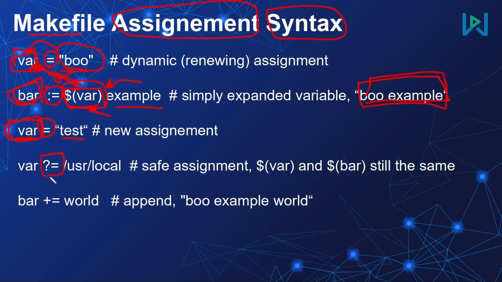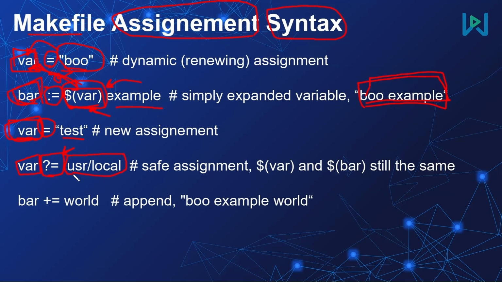This one is a conditional assignment. It will first check whether this var Makefile variable has already been initialized and assigned a value. If not, then it will get assigned this one.